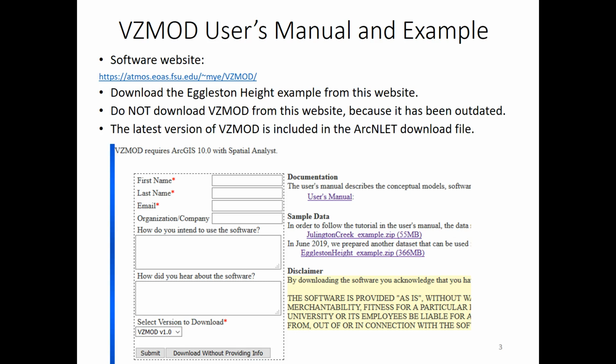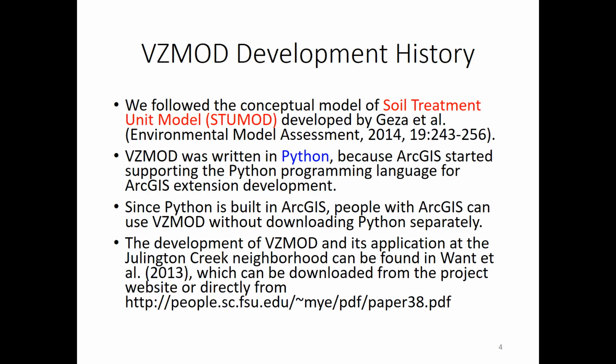I don't know why. It's just like when you buy a car, you have to maintain it. We have not maintained it for a while, so this data set is not working. But I prepared another data set for the Eglinton Heights neighborhood, and this one is working.